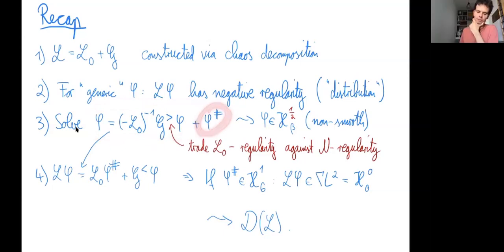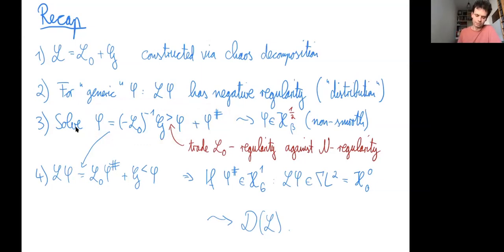These guys just have to have regularity, so these guys are dense. That's no problem. So basically, if we can show that by solving this equation, we can find a solution to this equation which is close to this phi sharp, then okay, it's a bit confusing how I'm saying it.